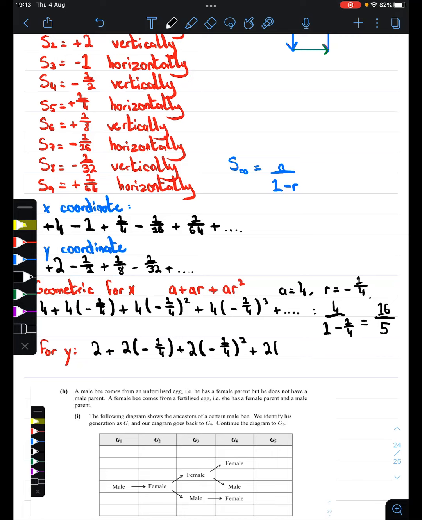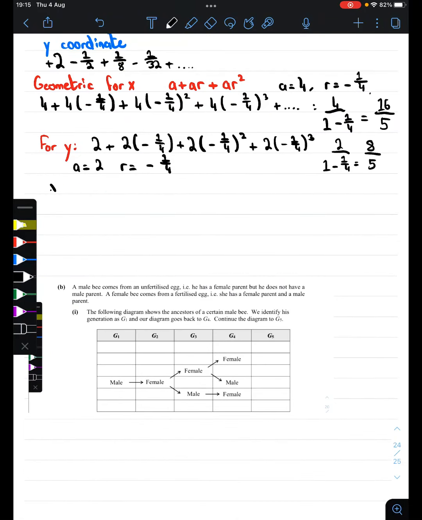And then 2 times minus 1/4 cubed is exactly minus 1 over 32. So again, we've stumbled across the geometric sequence, where a equals 2 and r equals minus 1/4 again. Then if we use our formula for the infinite sum, we get 2 over 1 minus minus 1/4, which is 8 over 5.